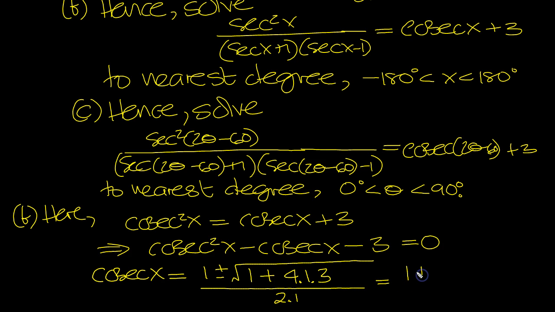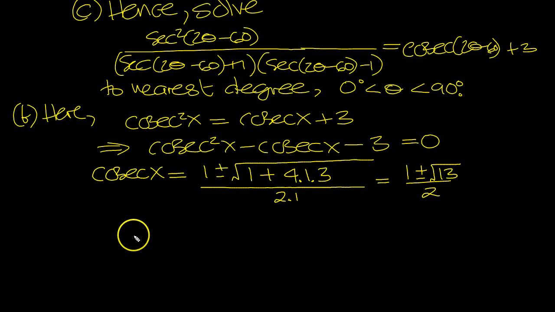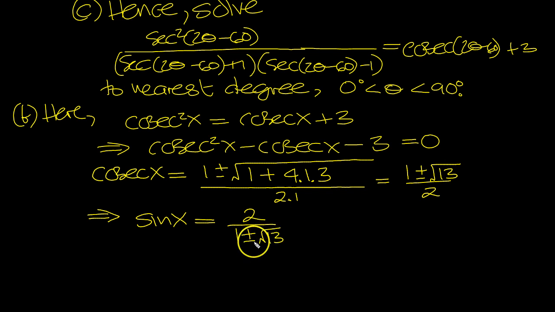So that's 1 plus or minus the square root of 13, over 2. So that tells us then that sine x, if we invert the fraction, is equal to 2 over 1 plus or minus root 13.